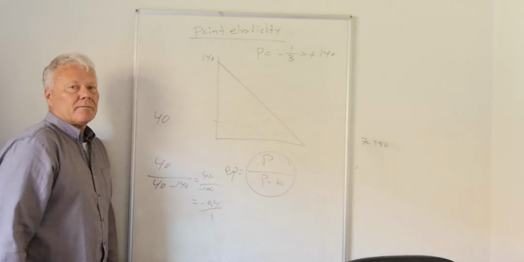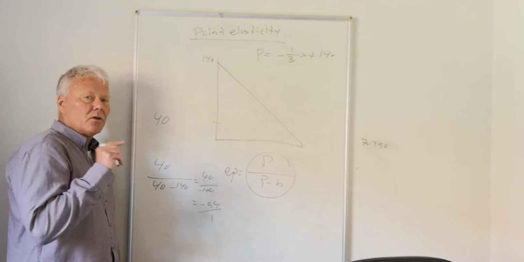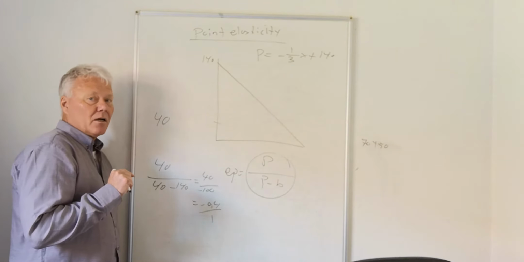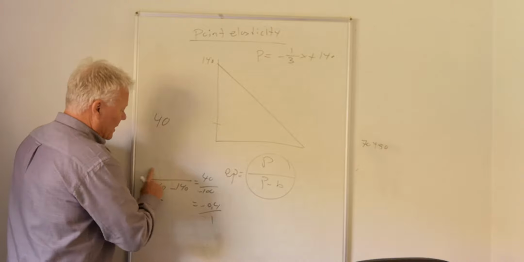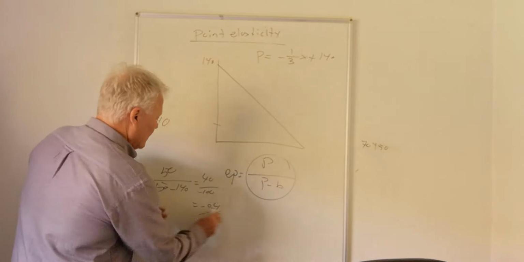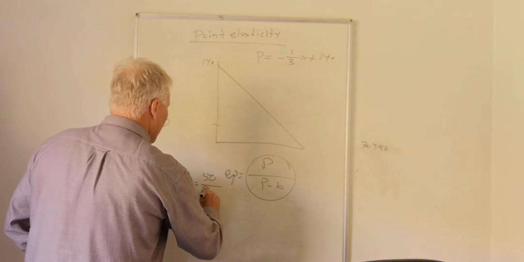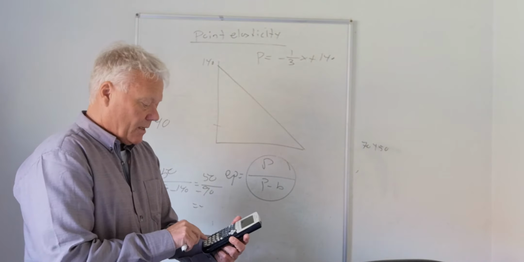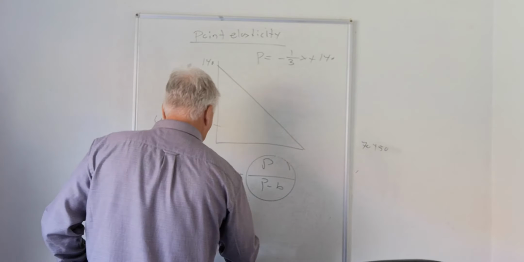And that's inelastic, meaning that if you raise the price by 1%, the deduction in the number of units sold will only be 0.4. That's not a lot. If you change it to the price that you have today, 50, you have 50 divided by 50 minus 140, which is minus 90, and 50 divided by 90 is 0.5, a little bit higher, but still pretty low.